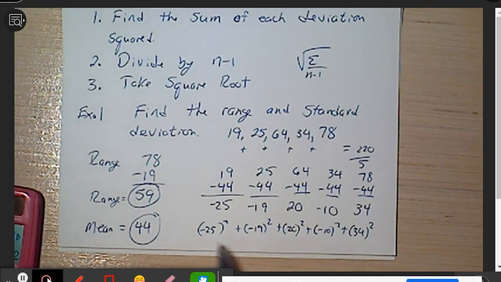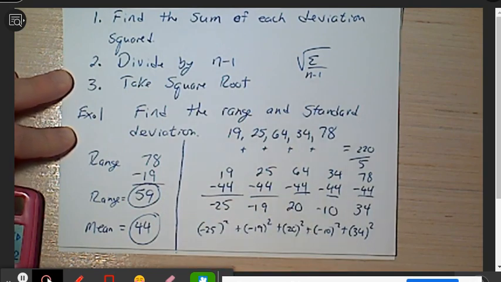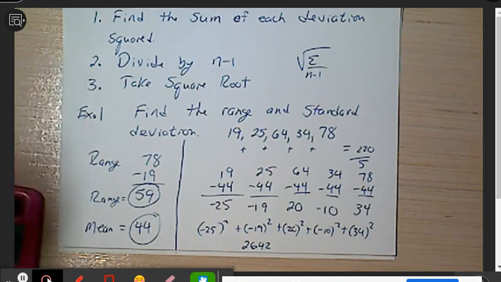Okay, so we're going to take all these numbers that we have here and put that together. Get the sum there. That is 2,642 when we add all those numbers together.